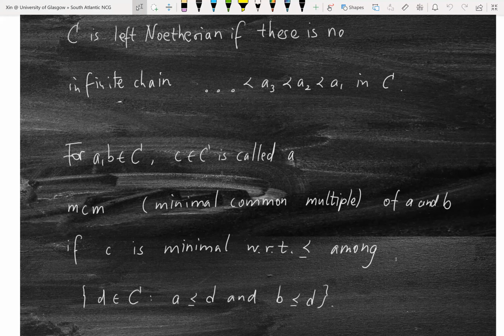You have two elements in your category, and you look at common multiples, the reverse of being a divisor, so A and B should be divisors of the multiple. And then you look at elements which are minimal among all these common multiples. You call these minimal common multiples, MCMs. So these are the two ingredients.